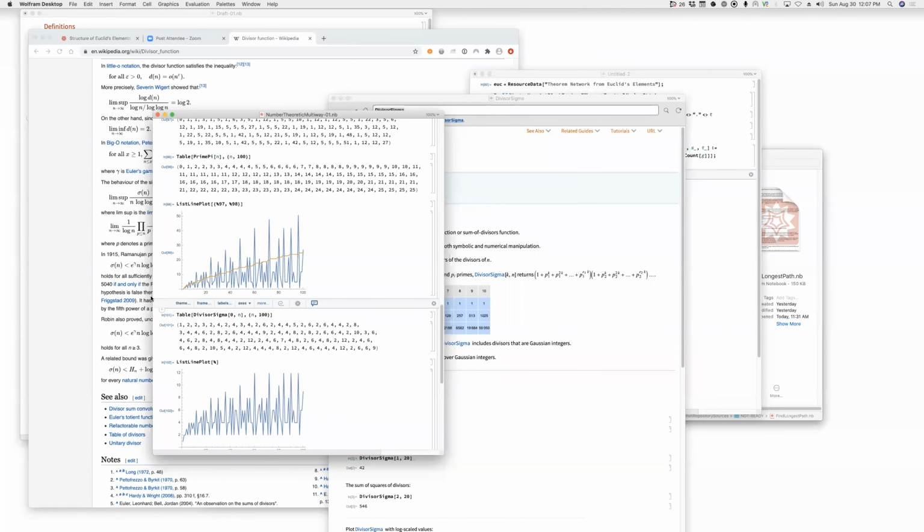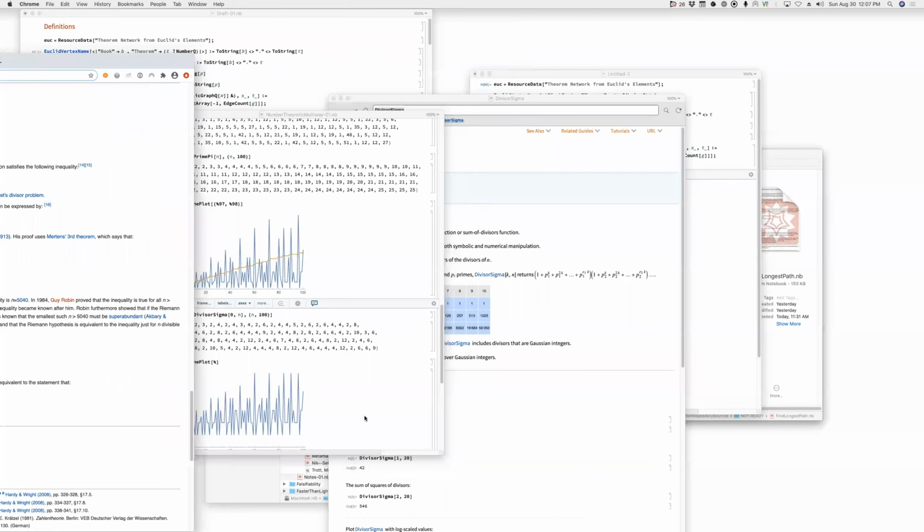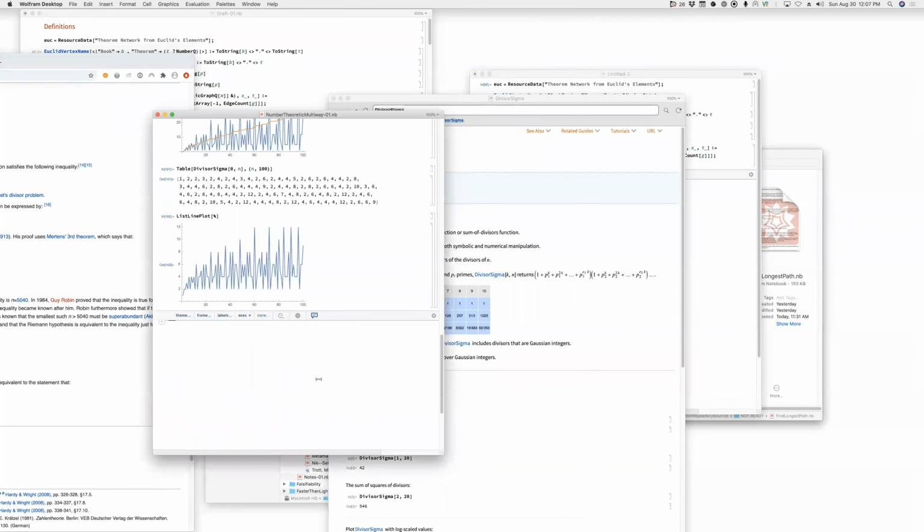Anyway, so the claim is... where was the math world version of this?